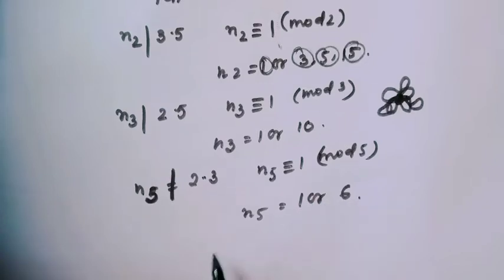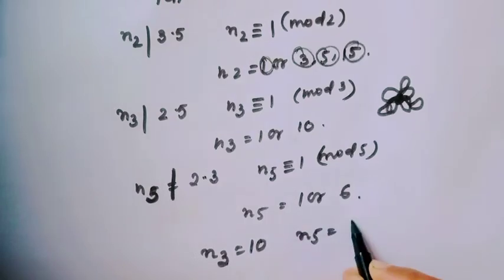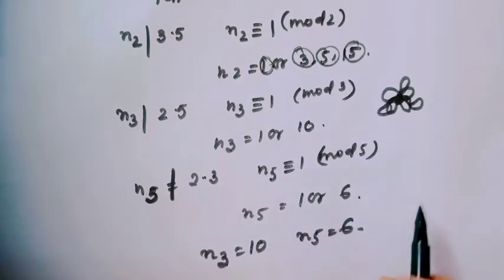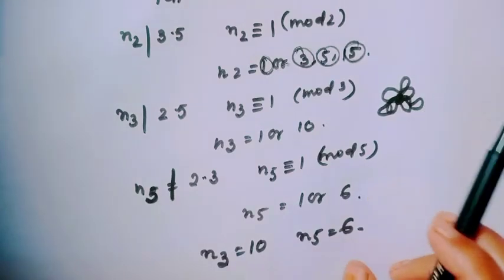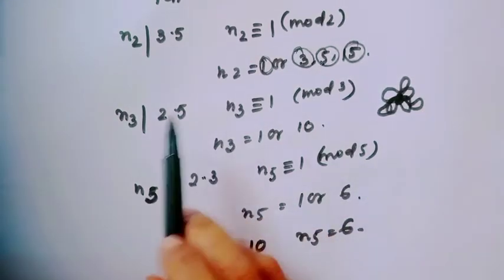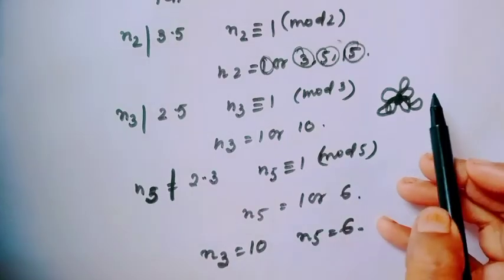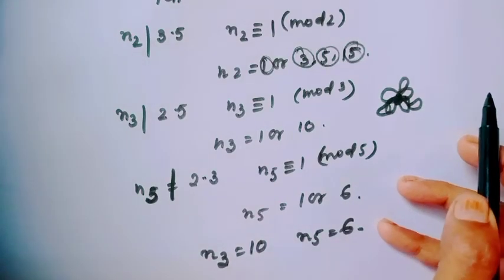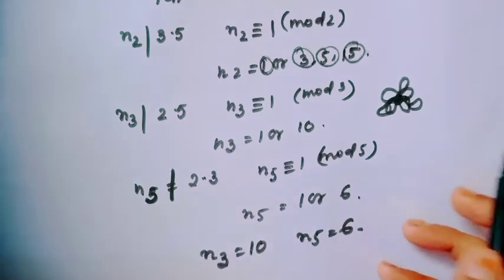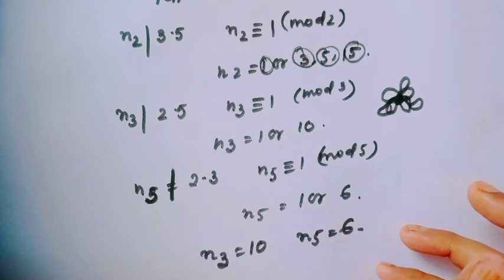If we consider n3 equal to 10 and n5 equal to 6, we always know different Sylow subgroups have a trivial intersection. Since each is cyclic and distinct, there exist 10 Sylow 3-subgroups whose intersection is only the identity, and each Sylow 3-subgroup contains 2 elements of order 3.